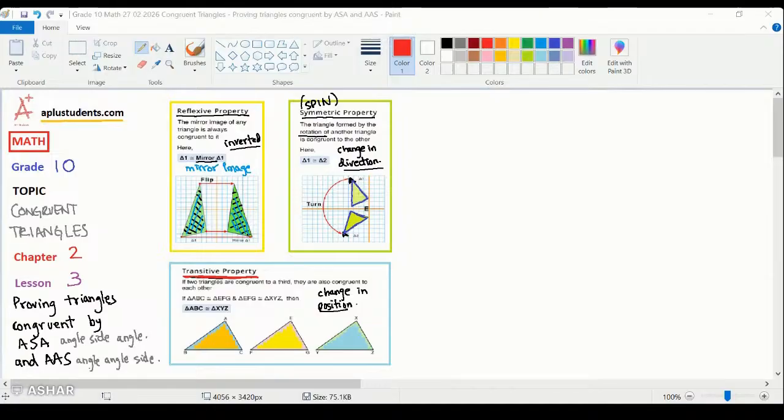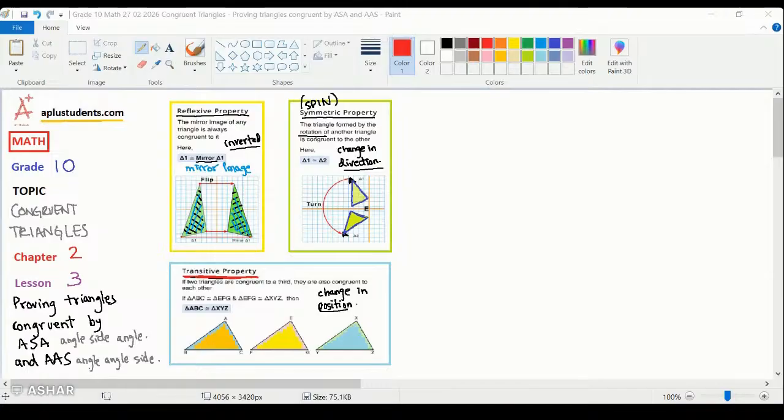Let's look at some questions and see which properties can be used to find the answers. So the question given to us is, and this was SAS.